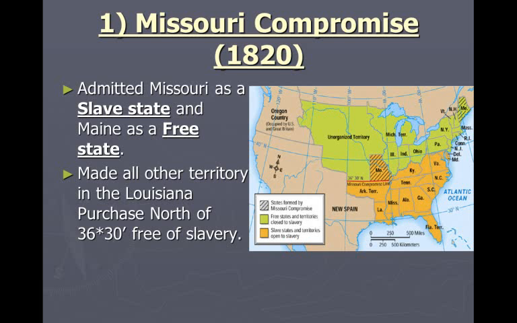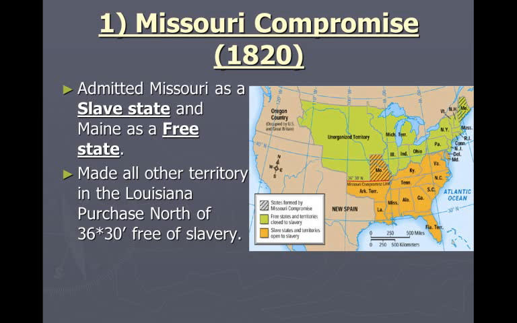They also did something that's more important. If you notice on the map, there is this red line in the southern part of Missouri. That's the line at the 36th parallel 30th degree north latitude. They agreed that every bit of territory north of that line in the Louisiana Purchase, so everything that says unorganized territory in green on the map, would be in the future admitted as a free state.